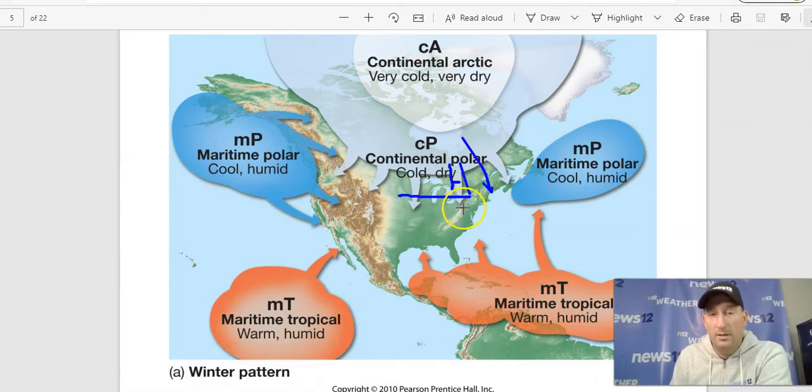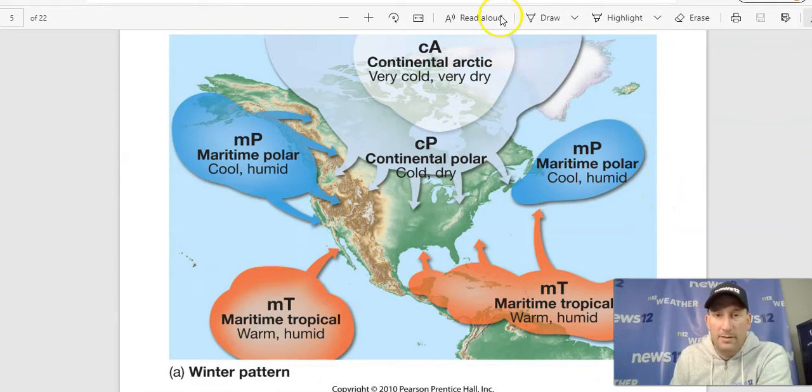That would be our cold weather conditions. So this is where if we want cold and dry, if we want cold and moist, we need low pressure out near here, and that's where we get our maritime polar air mass from.